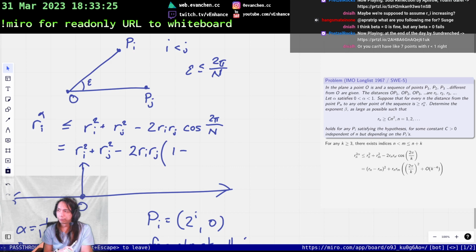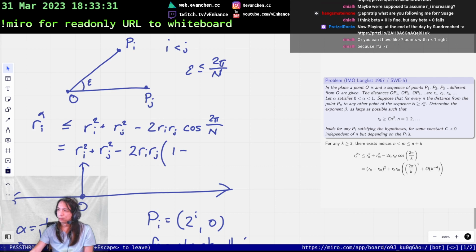So I have a sequence of PIs, and in that case the indices don't matter. So you get a bunch of points that are close. Then what I can do is look at this thing and say, okay, this is something small.